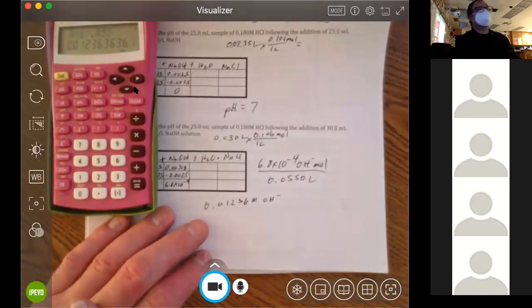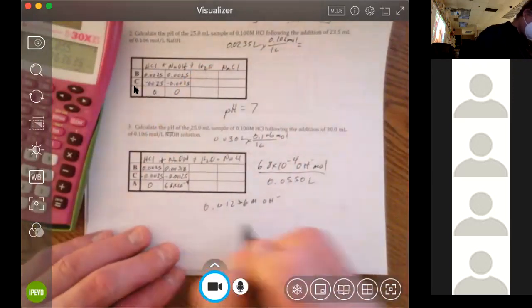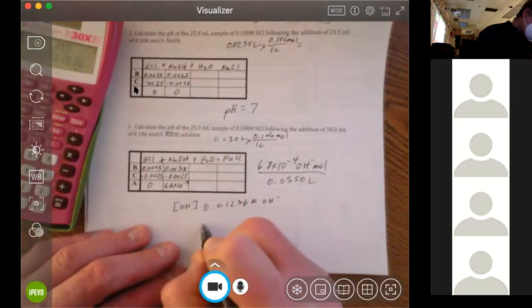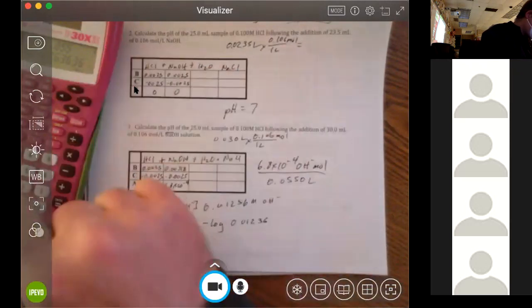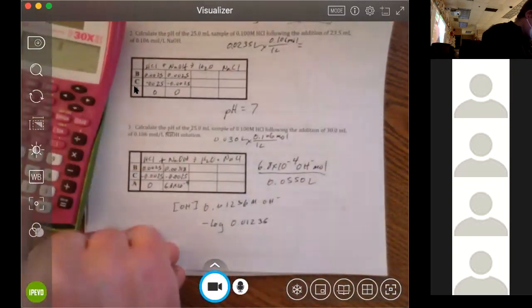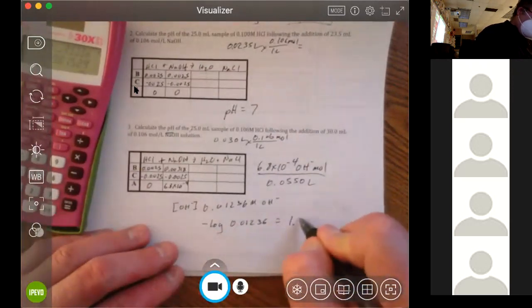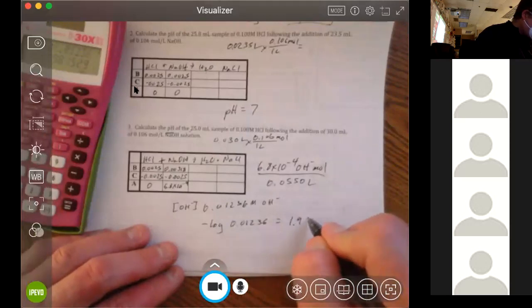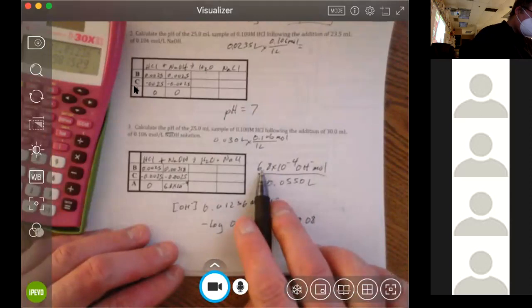What can we do with this? Find the pOH. We take the negative log of it. And that equals 1.908, but it should have 3.